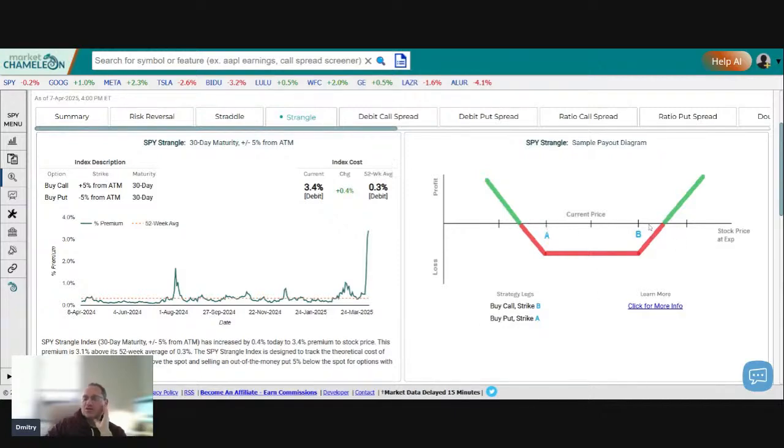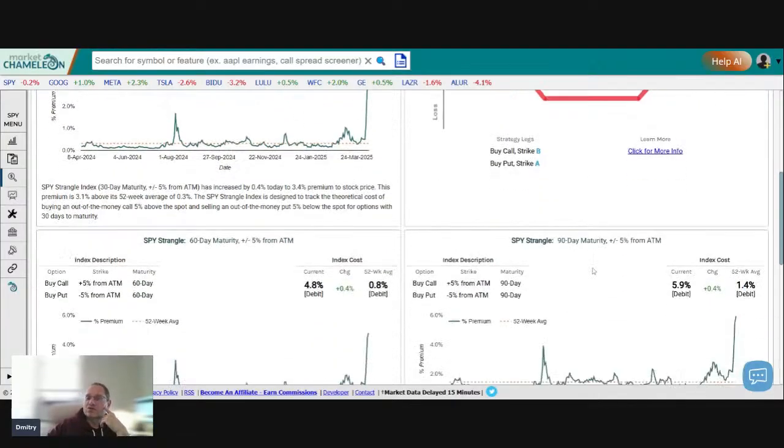Strike B is a strike above the current stock price, and strike A is a put below the current stock price. This is what the strategy would look like at expiration if you're buying them. If you're selling them, it would look like the flip side.